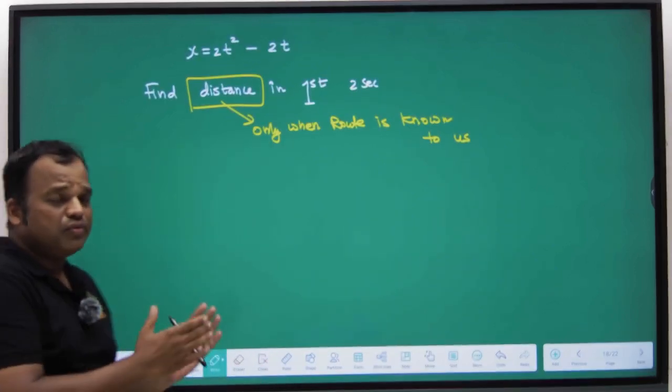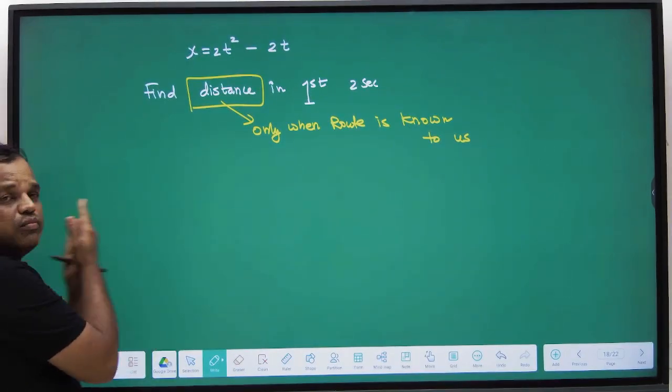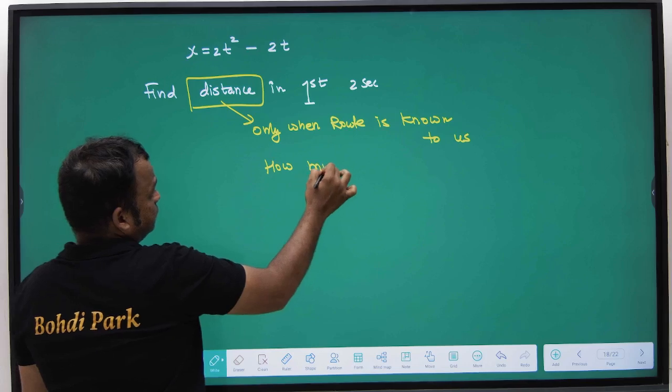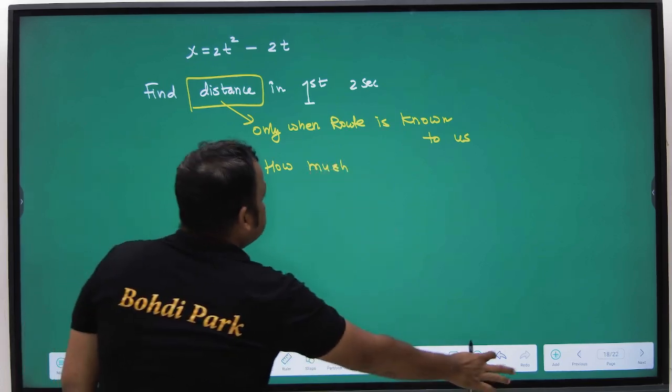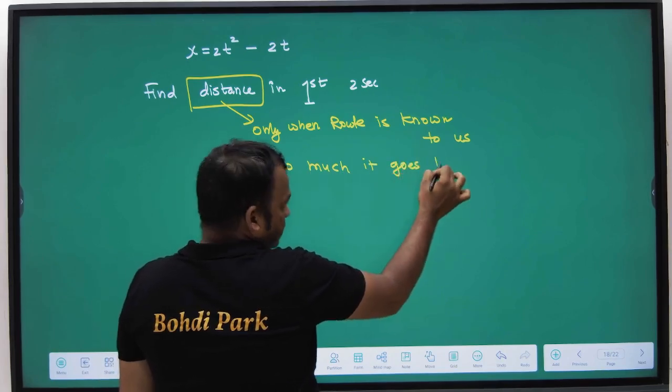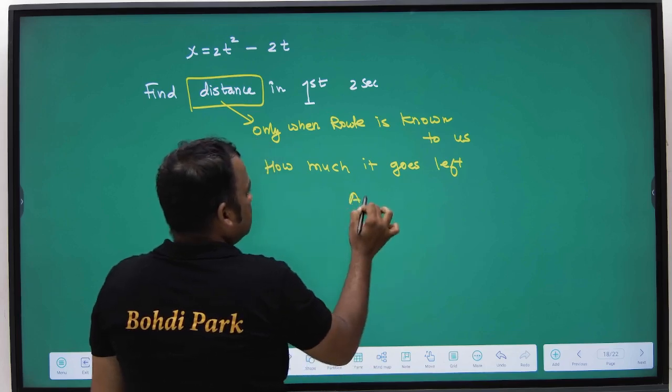Known means we know how much it is going left side and how much it is going right side.